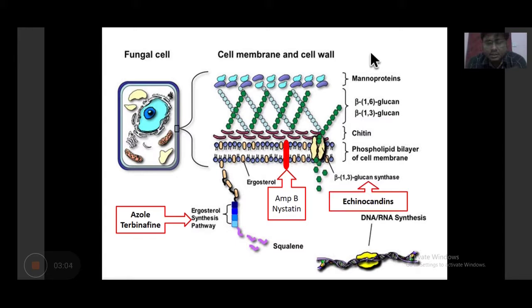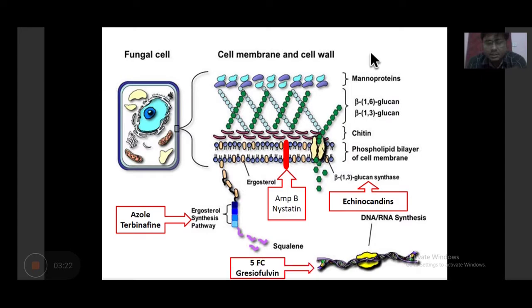Then there comes a group called echinocandins. We will see that they are inhibitors of the enzyme beta glucan synthase, which is responsible for synthesis of beta glucan, which you can see here is responsible for cross-linking and provides strength to the cell wall of the fungal cell.